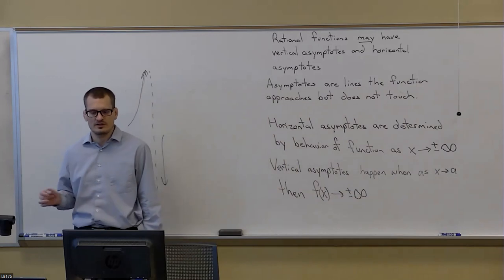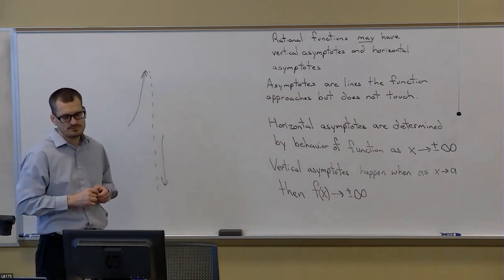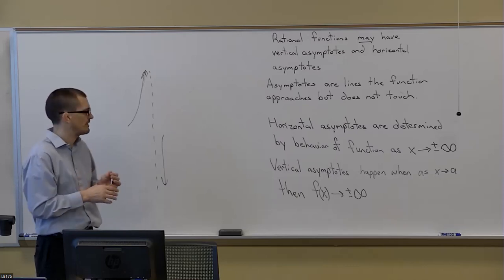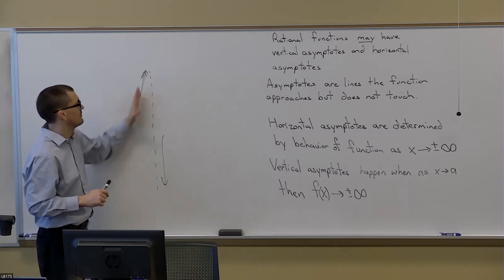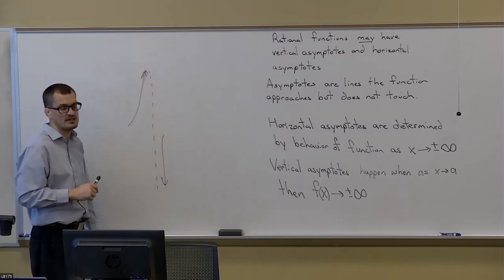I use A just for asymptote value, if that makes sense. So as x gets closer to a number, the function shoots off to infinity, or the function shoots off to negative infinity.